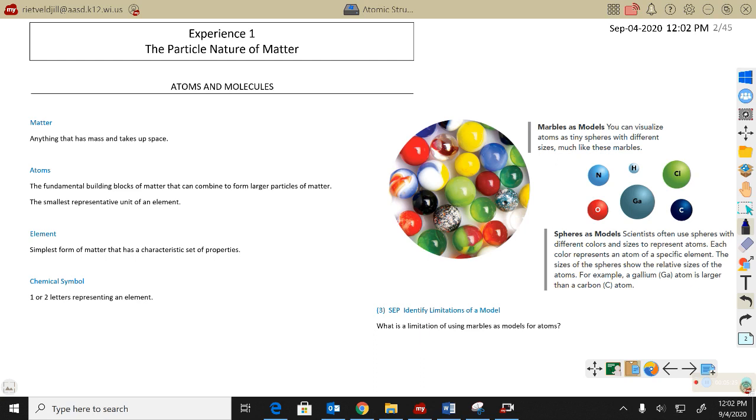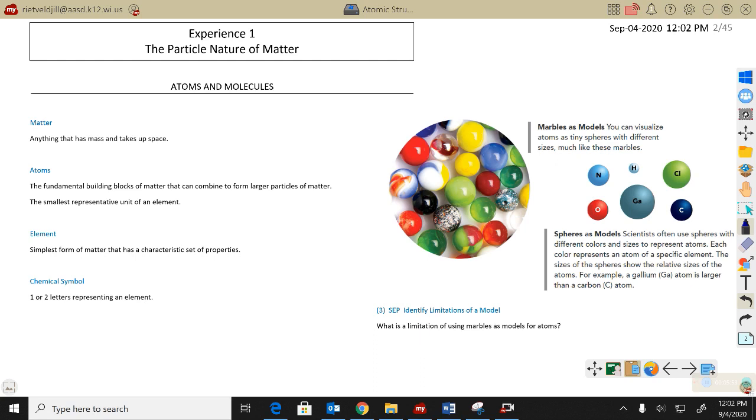But could you think of anything that might not be 100% accurate about using a marble as a way of representing an atom? Again, there's not necessarily a right answer or a wrong answer. Last time I checked, if you can't see an atom under a microscope, I don't know that a marble is a good representative of the true size of atoms.